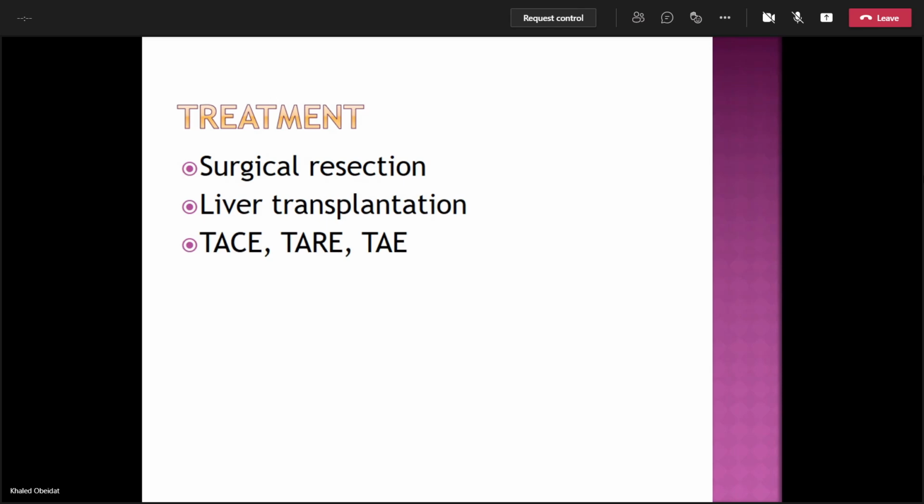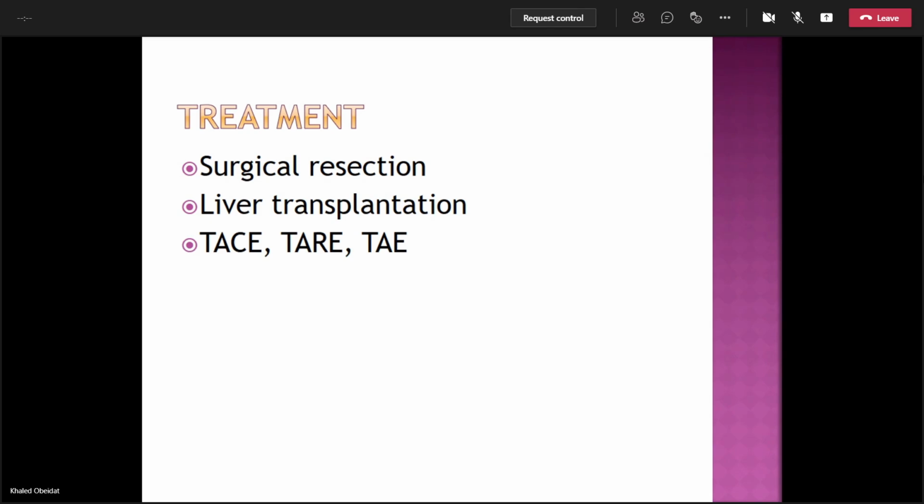Unfortunately, not everyone with Child C and HCC will be a candidate for liver transplantation because of the shortage of organs. We have to stratify the organs to those who will benefit most, and that's why we have criteria for allocation of livers for liver transplantation for HCC.